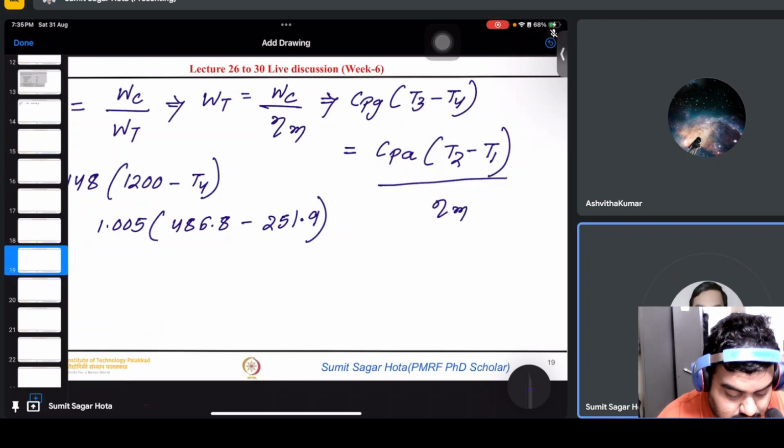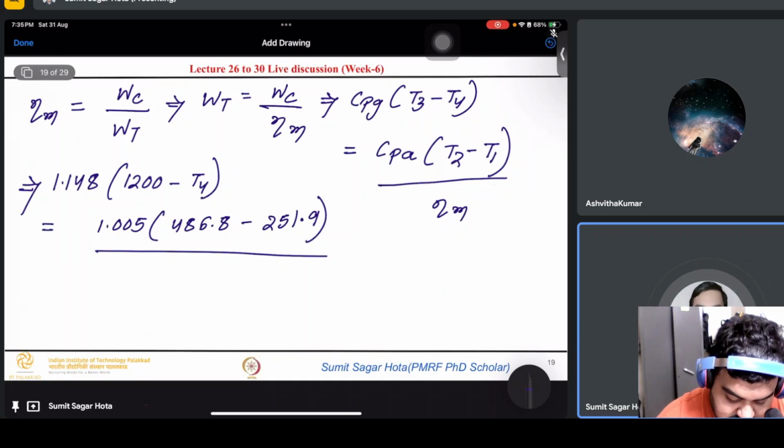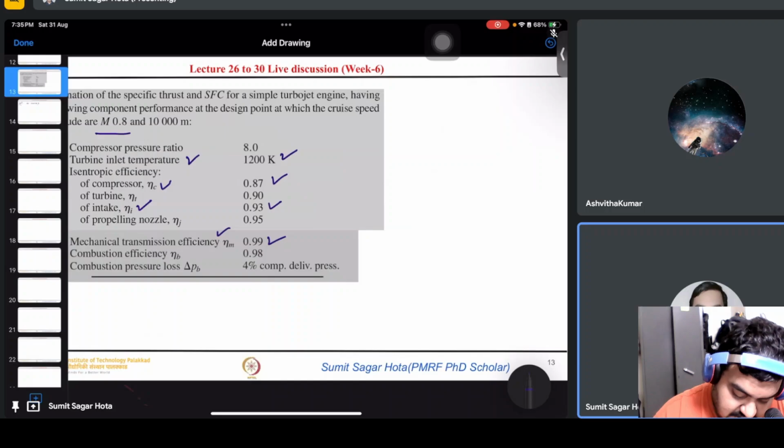Okay, divided by what? Mechanical efficiency, which is, you see, mechanical efficiency eta m is 0.99. Okay, you can see it here, it's written.